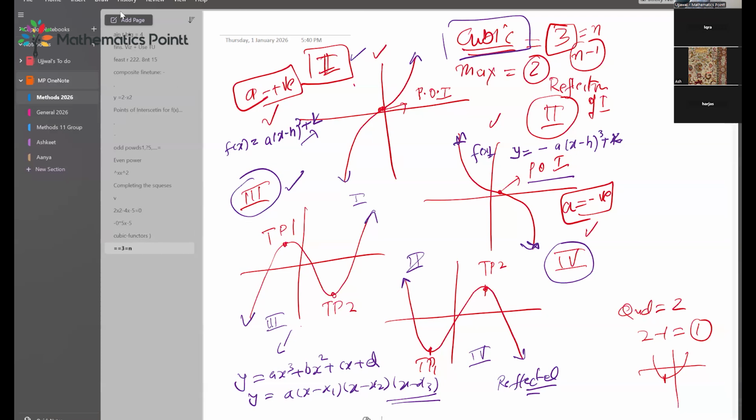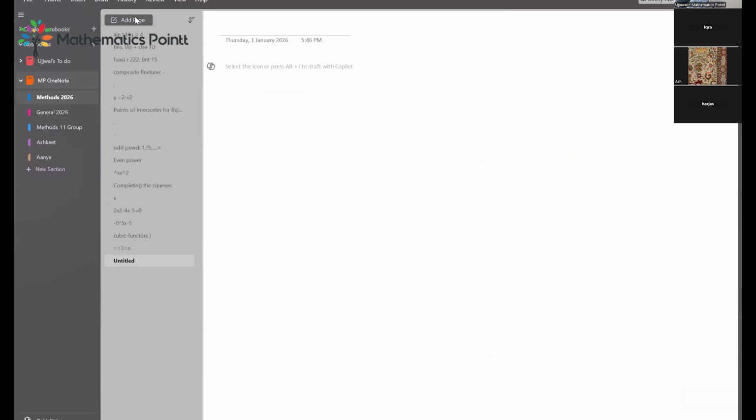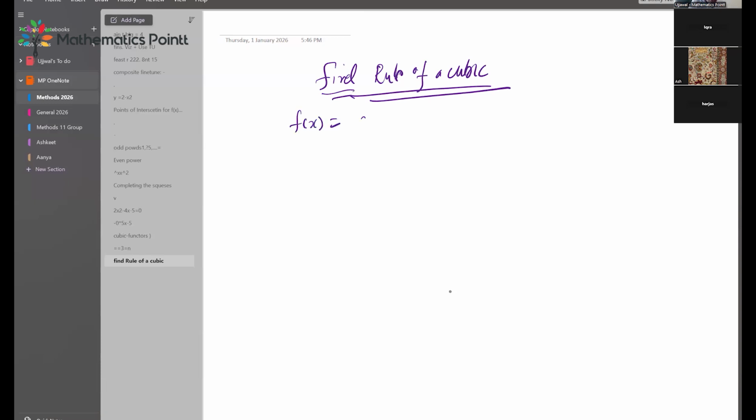Now, what we are going to do is see, if we are asked to find the rule of a cubic, which form to use when. So I have three forms. f of x equals ax cubed plus bx squared plus cx plus d.